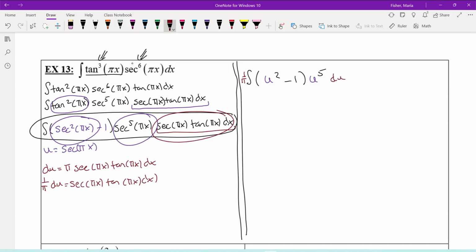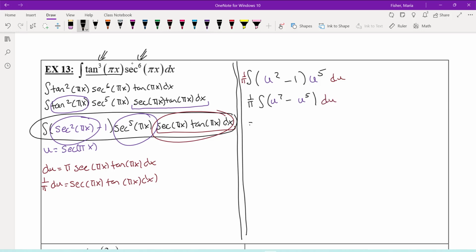Now I need to distribute u to the 5th, and then I can integrate. Distributing u to the 5th, I end up with u to the 7th minus u to the 5th du.